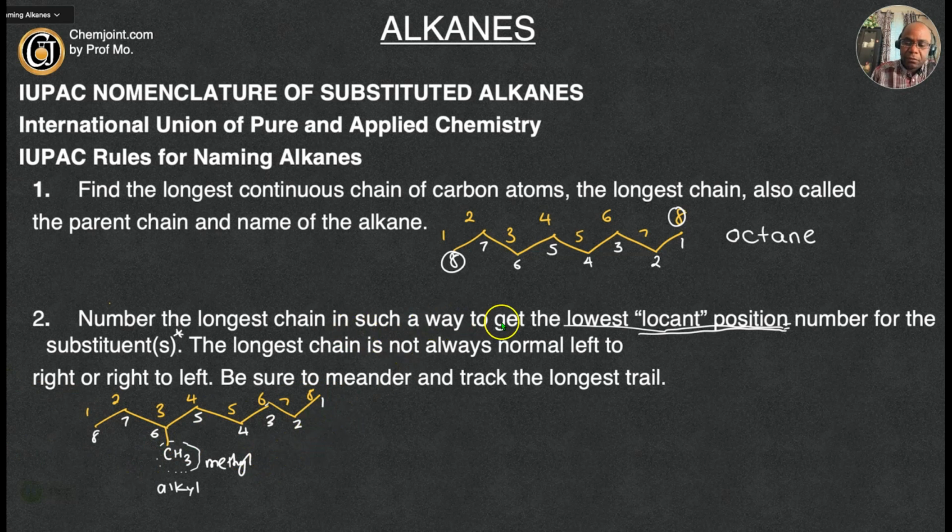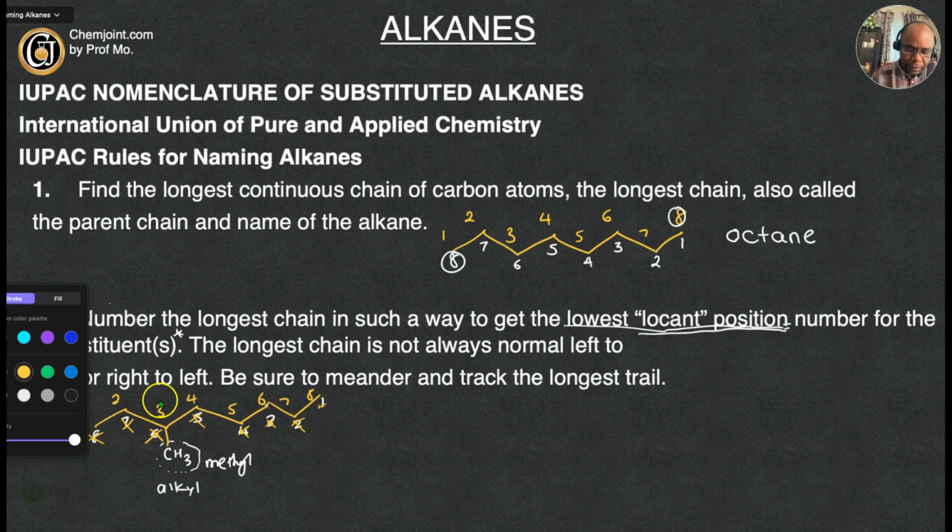So we give the substituent the least number position. We call it a locant position. So I don't want to give it a 6. So the white numbering is wrong. I will go with the yellowish numbering. And so the 3 is preferred over the 6.